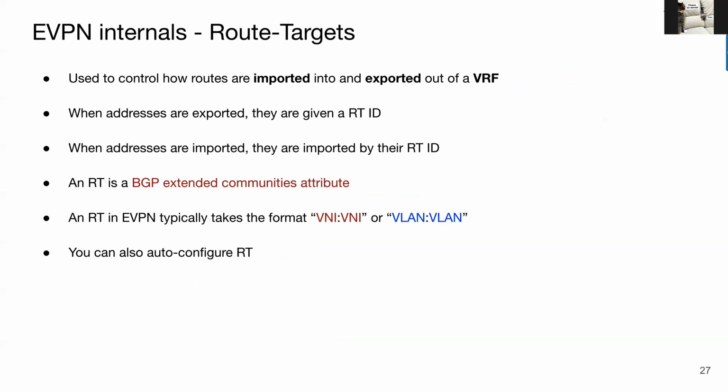And then there's route targets. Same thing as in BGP, it's going to control which routes we import and which routes we export into and out of our L2 and L3 VRFs. When control plane state gets exported, they're assigned a route target ID.